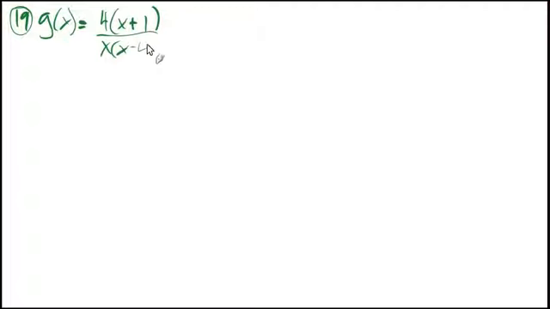Now let's look at number 19, just 10 problems down the road. All right, vertical asymptotes, horizontal asymptotes, x-intercepts, maybe a y-intercept, plotting some points.